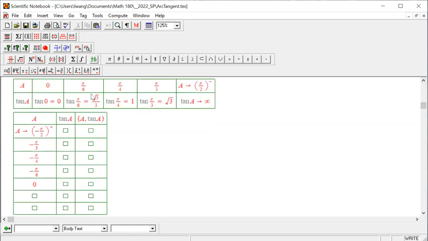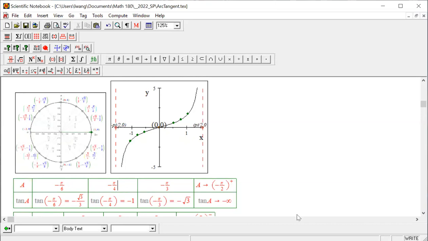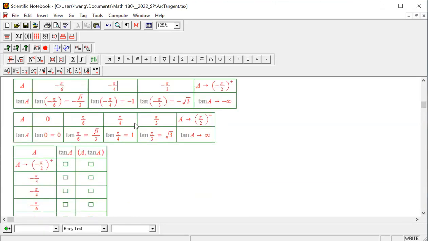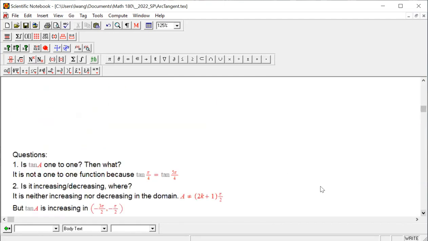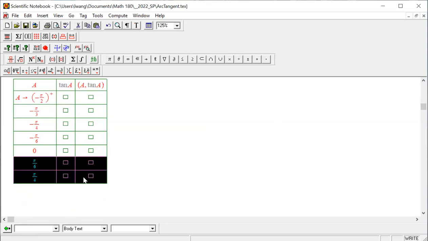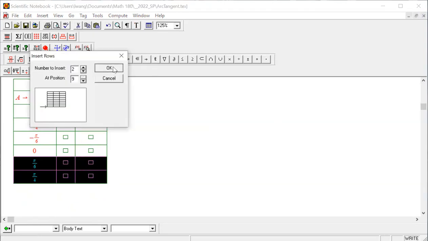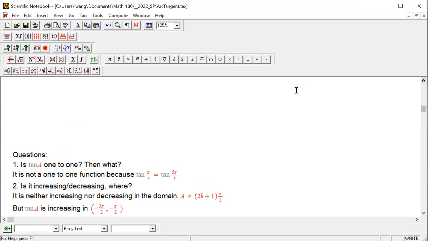And then we're going to have pi over 6, pi over 4, and so I'm going to arrange it in such a way, just hold on a second. I'm arranging these rows, and then I will explain it to you after this arrangement.